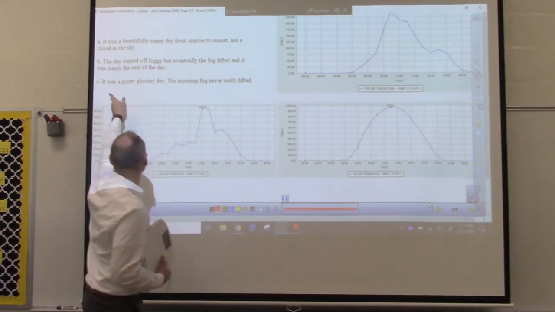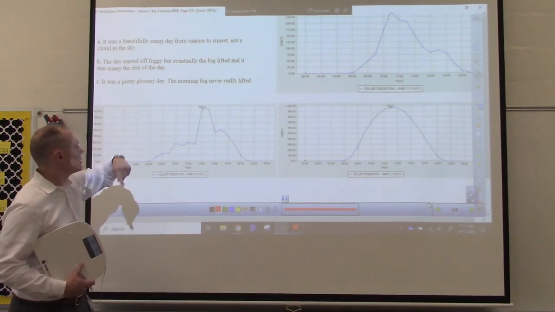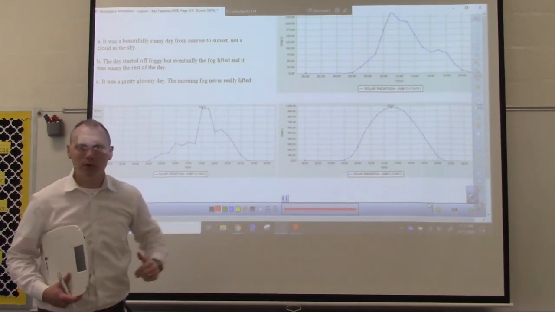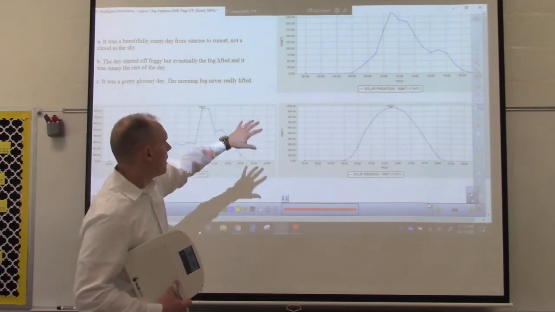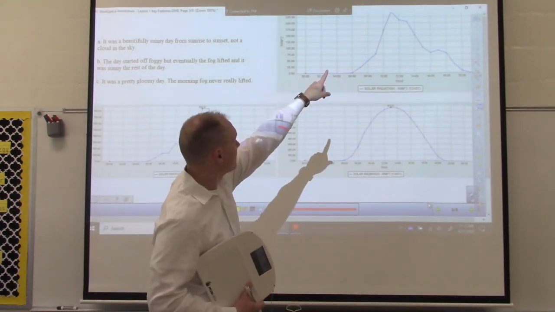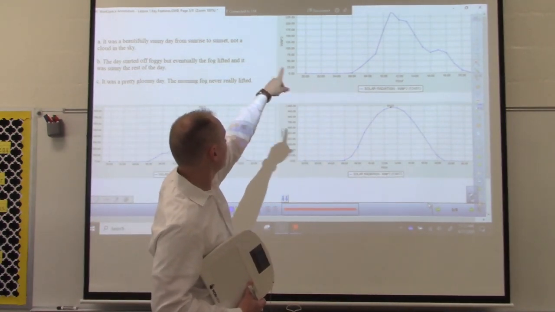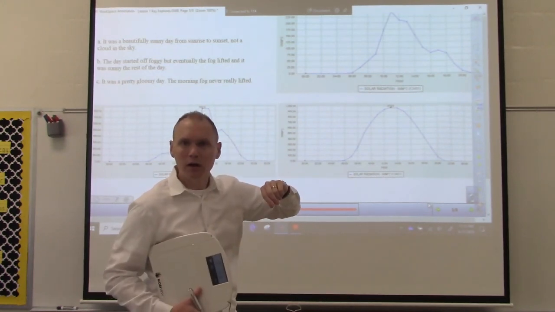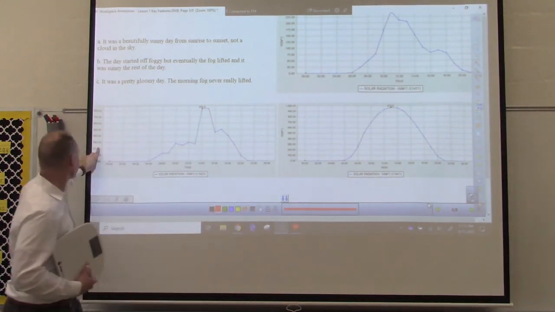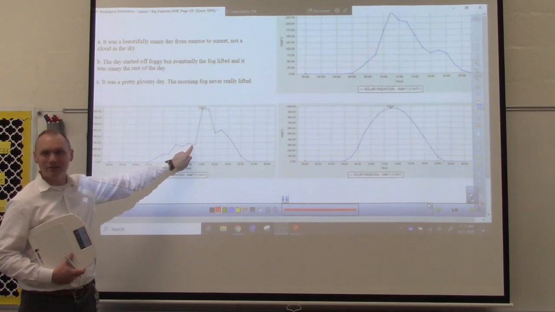All right, so the last one is it was a pretty gloomy day. The morning fog never lifted. Obviously, we only have one graph left, but the maximum of that graph was around maybe 250 or so, which is actually right here on this graph.